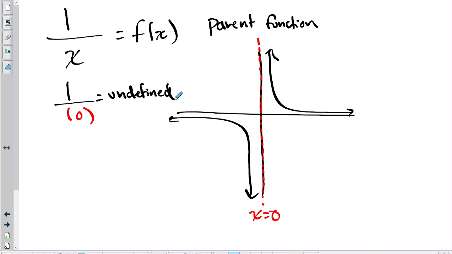Well, everything can go into 0, but 0 can't go into anything. So there's no output for this, no possible answer. And as I get closer and closer to 0, the bottom of my fraction gets smaller and smaller, which means my total answer gets bigger and bigger, which means I have this thing called a vertical asymptote.